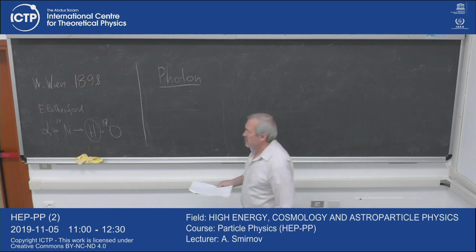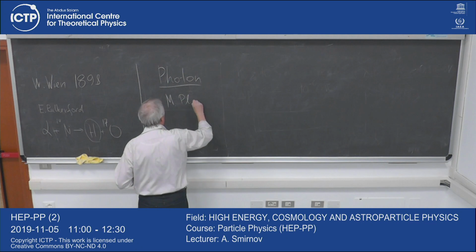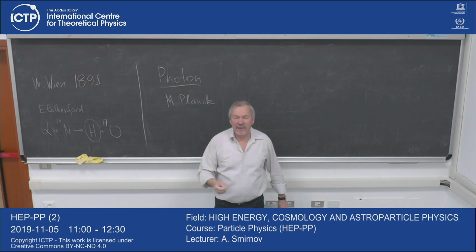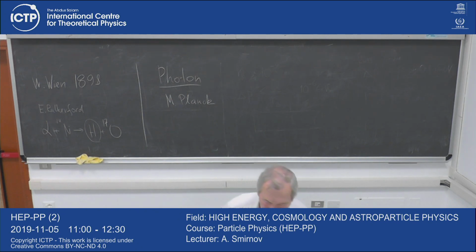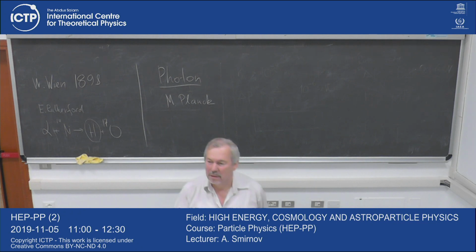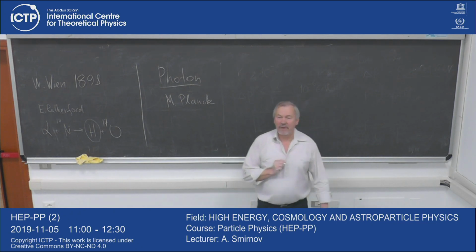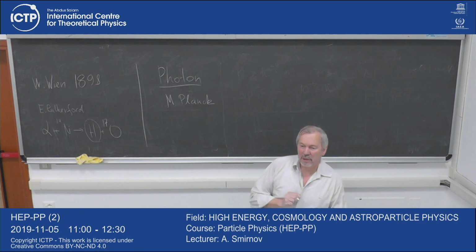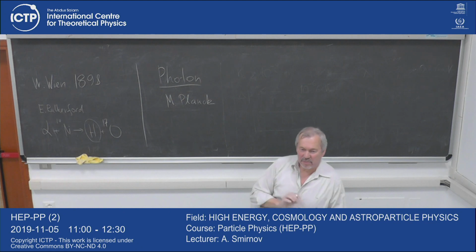What Planck suggested, when he was trying to create a theory of black body radiation, is that the spectrum of black body radiation can be explained if the energy is emitted in quanta. It's not just a smooth flux, but quanta.